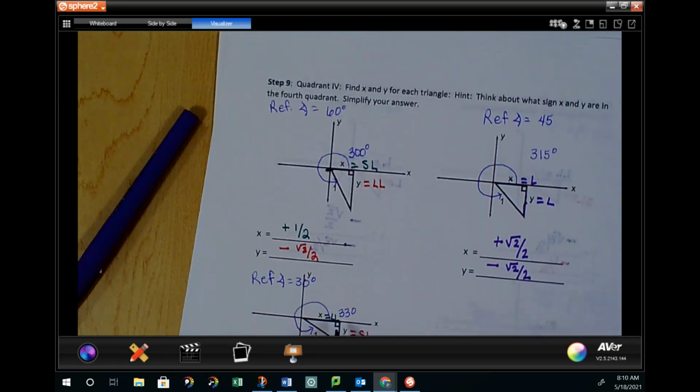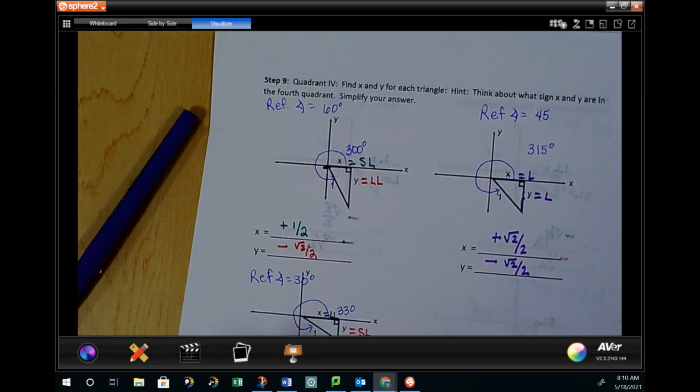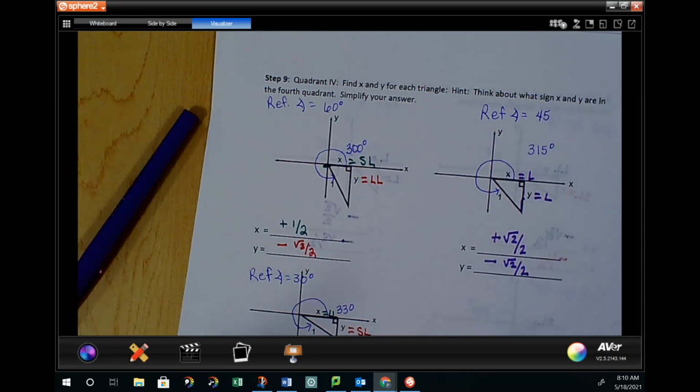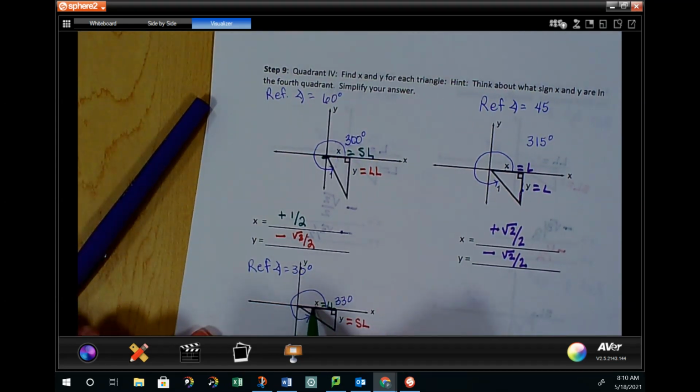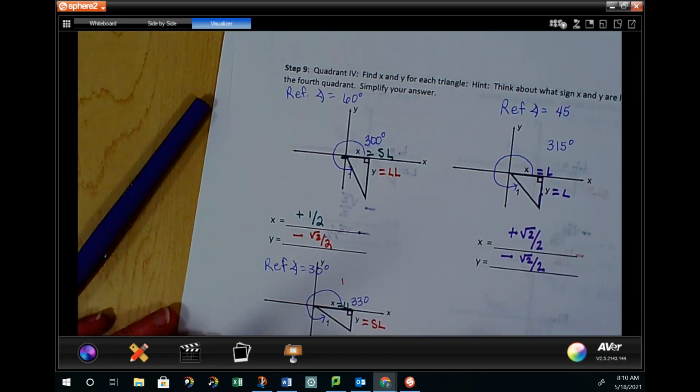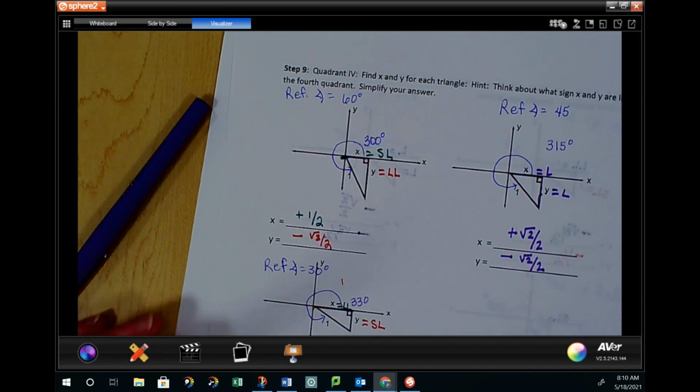And remember that your long leg is always square root of 3 over 2, and your short leg is 1/2. So now we've got to figure out which directions. If you're moving to the right, it's going to be positive, and then I'm moving down, so it's going to be a negative value because I'm moving down.